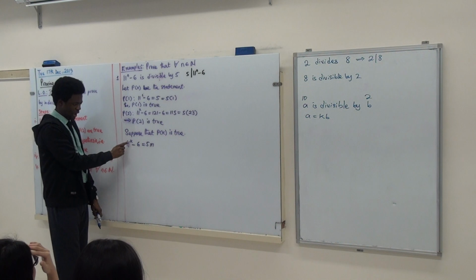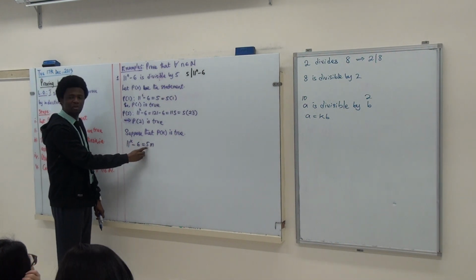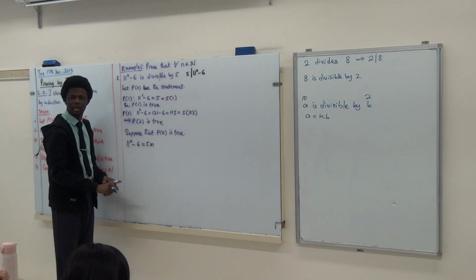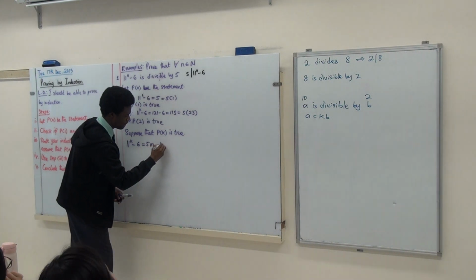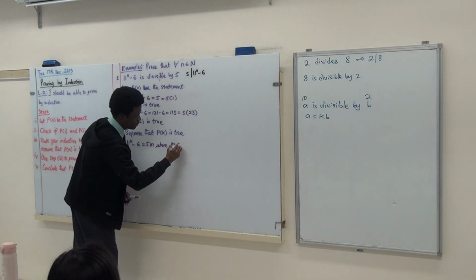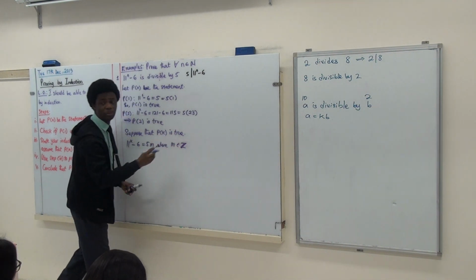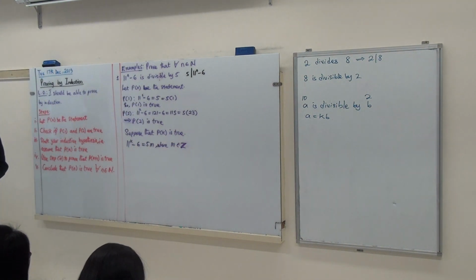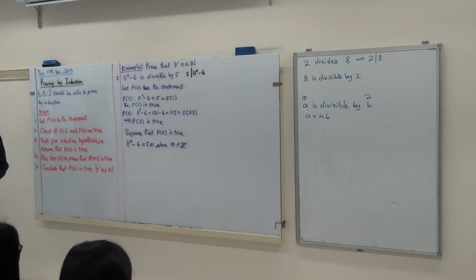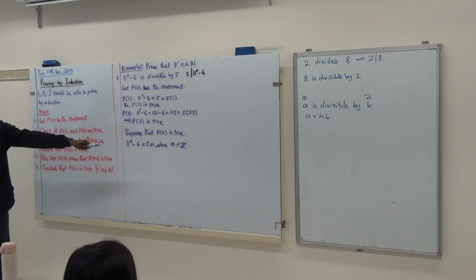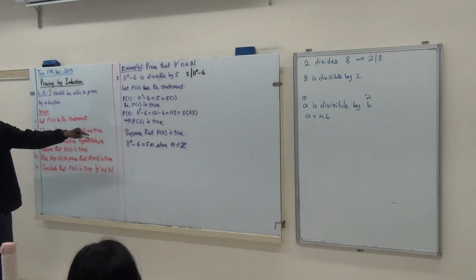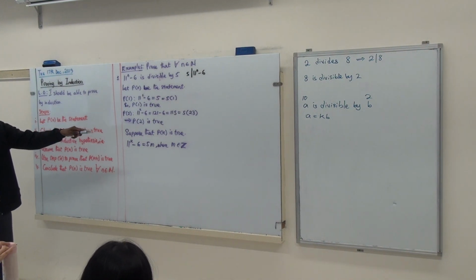It means when n is equal to k, you can factor 5 out, and this will be an integer. Then you say where m belongs to Z, because it could be positive or negative. Not N here. We need it to be an integer, not necessarily a natural number.